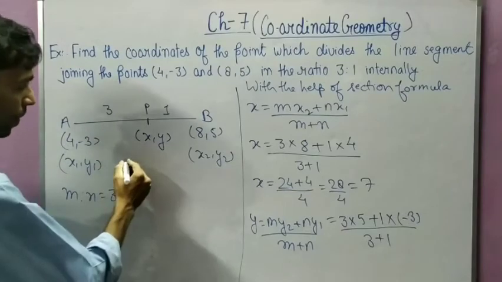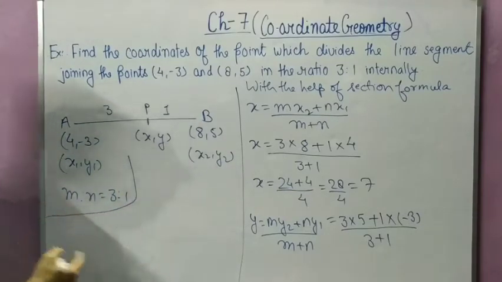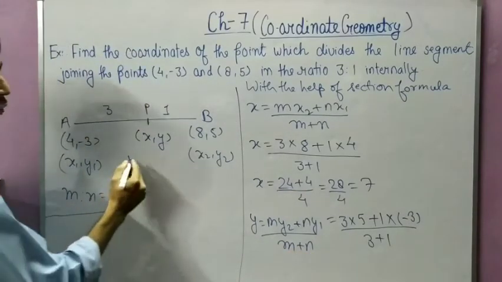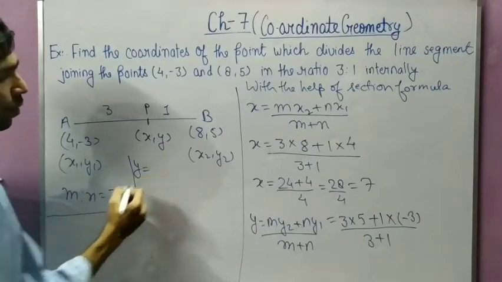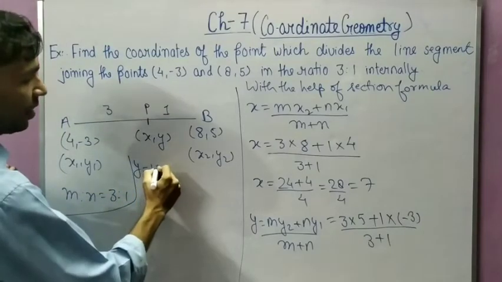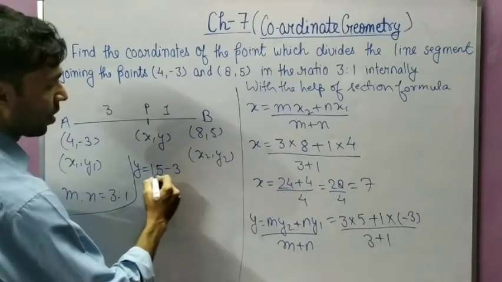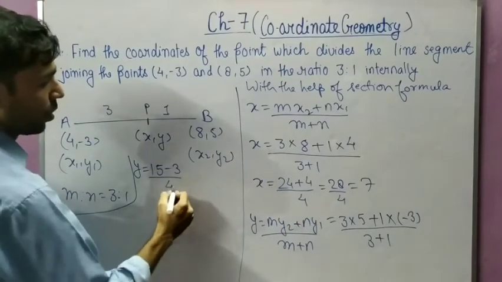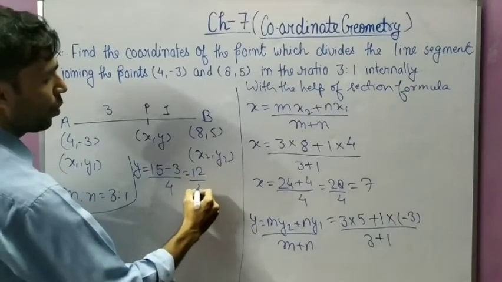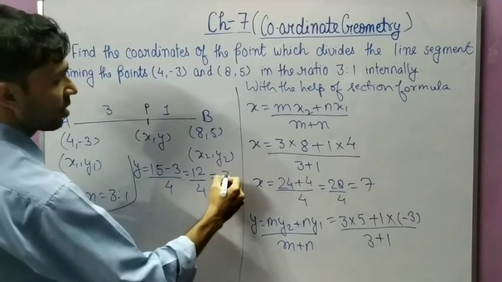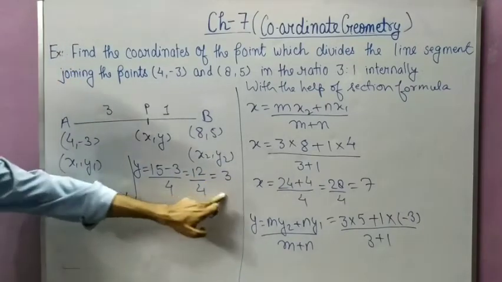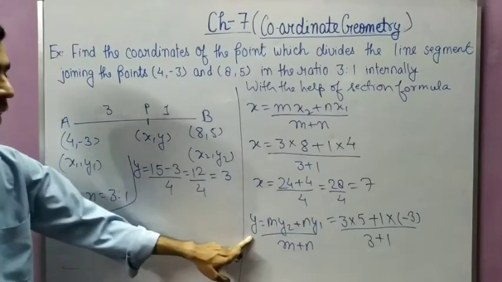सो अब देखो, यहां के बाद मैं यहां सॉल्व कर रहा हूं. सो व्हाट विल बी y स्टूडेंट? y विल बी व्हाट? 15 and 1 into -3 upon 4, so 12 by 4, so it is 3. So x comes 7 and y comes 3.